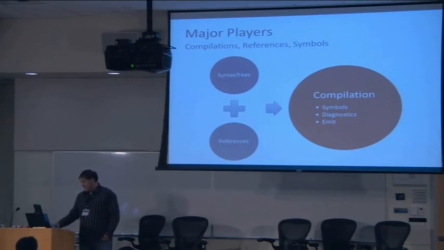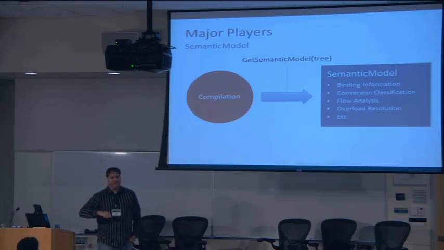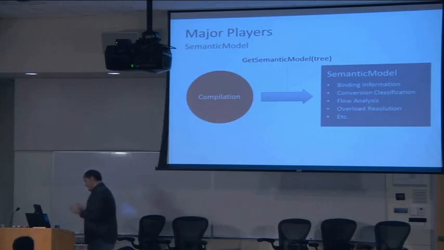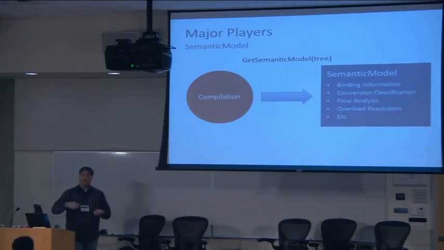I can do all sorts of things, but most importantly, if I want to do analysis for any tree that is contained inside that compilation, I can ask for its semantic model. And from the semantic model, now I can start asking questions. Just to answer the question that will eventually come up at the end of this talk, no, we do not expose what is traditionally a bound tree.